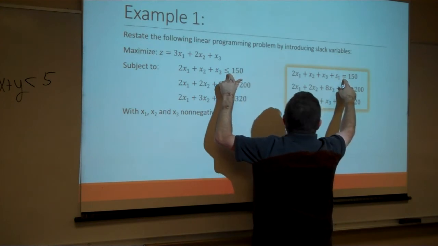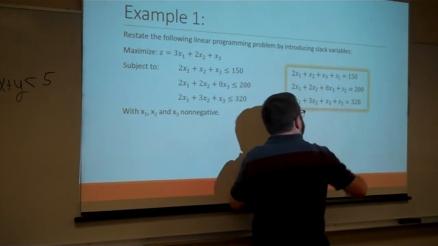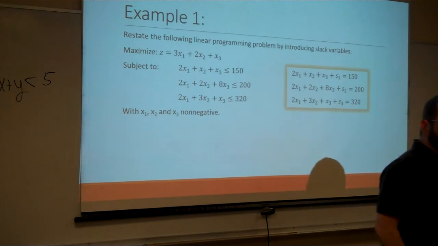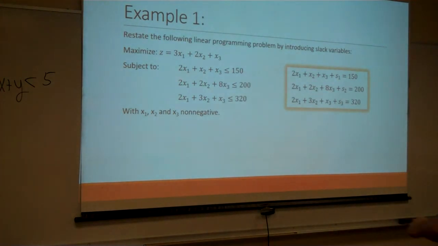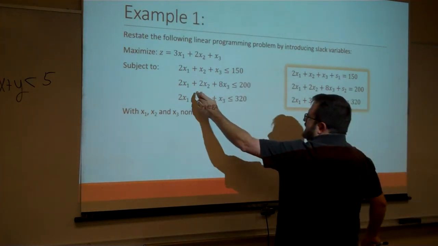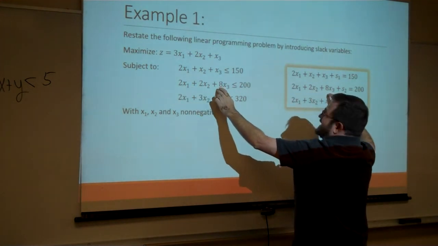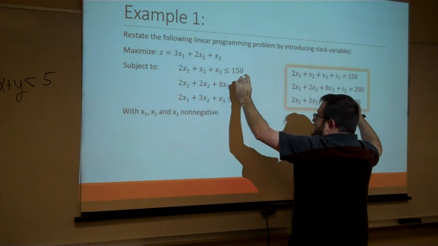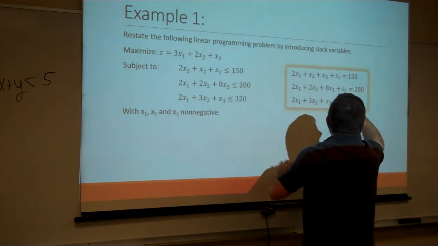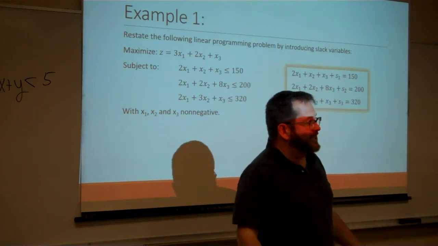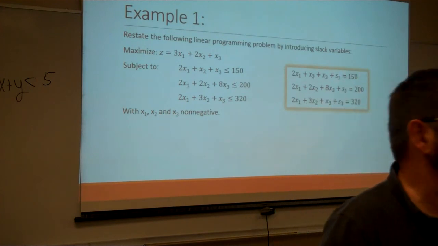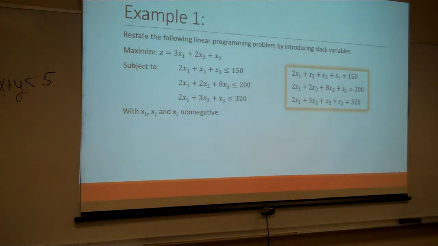And now instead of being less than or equal to 150, it's equal to 150. The second equation was originally an inequality, 2x1 minus 2x2 minus 8x3, less than or equal to 200, but now if I add a slack variable to it, it's equal to 200. So now I've got S2 as a second slack variable.